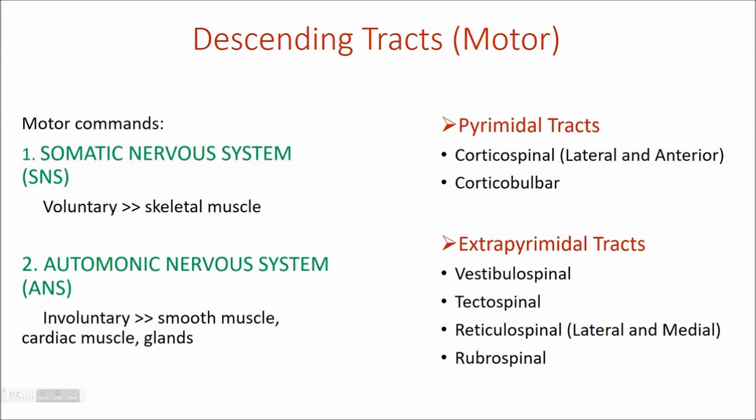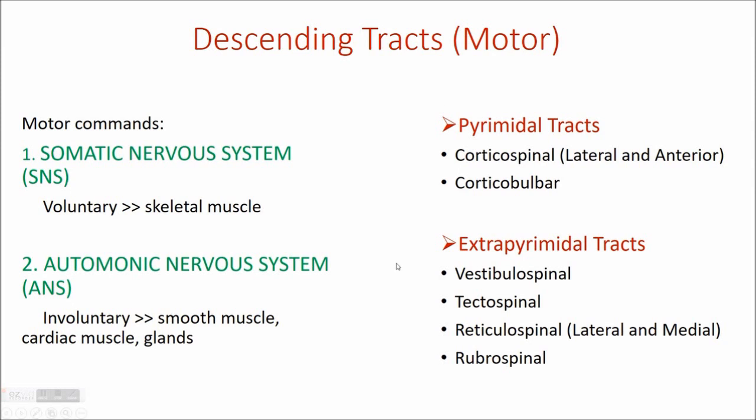We have the somatic nervous system, and that's responsible for voluntary muscle control. So we're looking at skeletal muscle, where it's voluntary. We have the autonomic nervous system, that's responsible for involuntary control. For example, cardiac muscle or smooth muscle control, and also some glands.